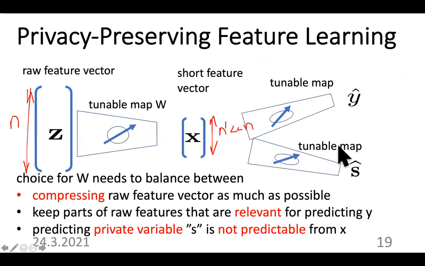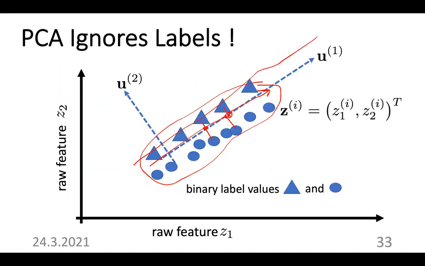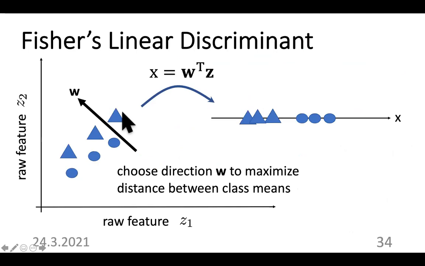And one very simple such method is called Fisher's discriminant analysis. The idea is quite simple. We try out different compression matrices. If we use only one learned feature X, then the compression matrix reduces to a single row vector.